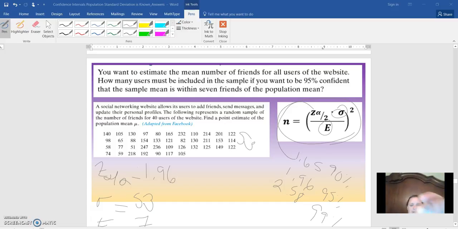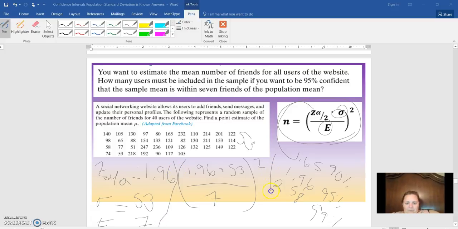All right, and so I just popped in the formula. I'm going to do 1.96 times 53 over 7, and I'm going to square it. So 1.96 times 53 divided by 7.